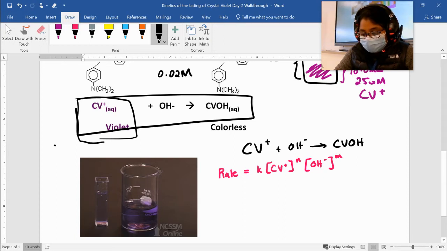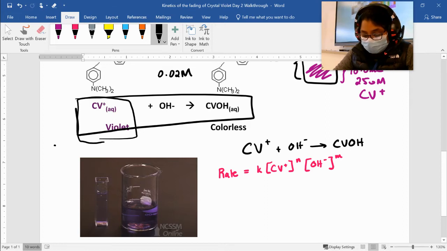Only a tiny amount of hydroxide will be used up. So if you discount the concentration of hydroxide, you can still figure out the order of this reaction just by looking at the CV.